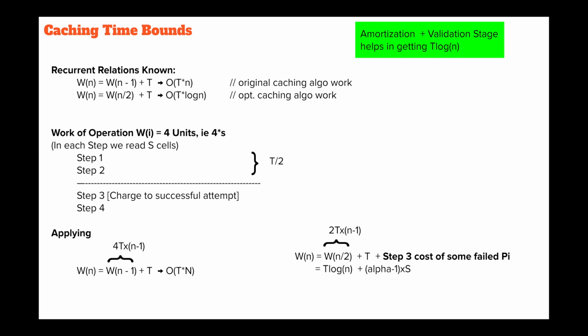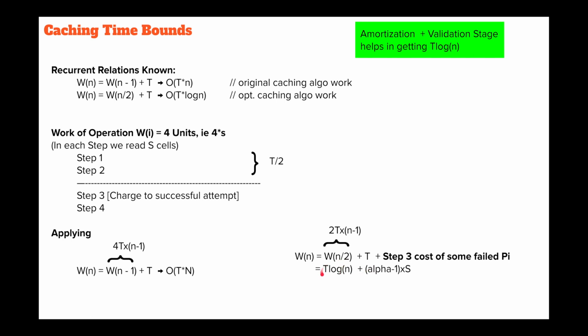In that case, the failure cost in the step 3 phase is going to be charged to the one that succeeded. So that is why we have W of n, which is the cost for which it succeeded, to be W of n by 2, which is half of all the previous failed attempts plus the sequential cost of operation plus the step 3 cost from a failed process.